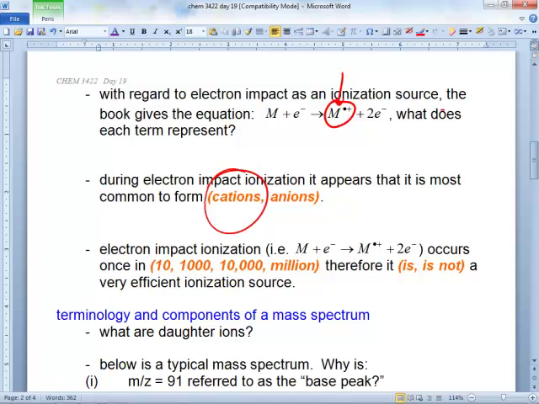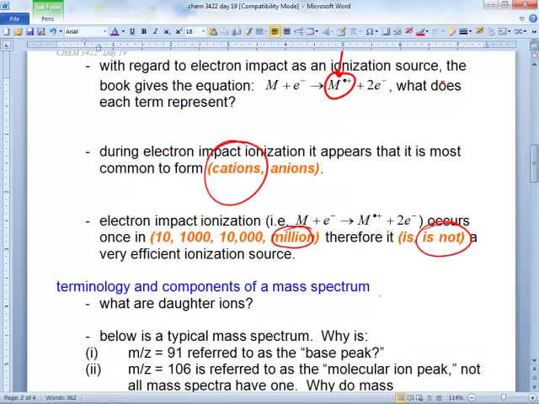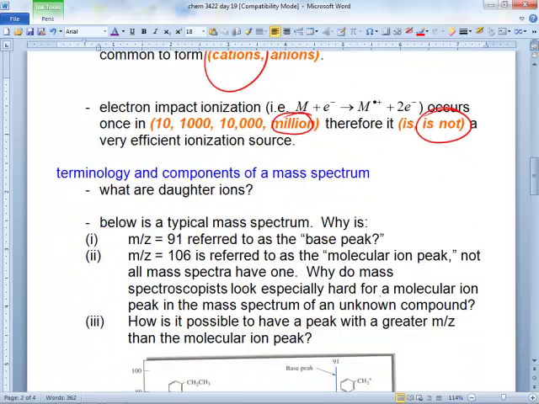So it doesn't take much, right? But so therefore this type of ionization, it's not what? Is it or it's not? It's not. Right? Okay. But it works, right? It's like the AA, most everything goes down the drain. But it still works.